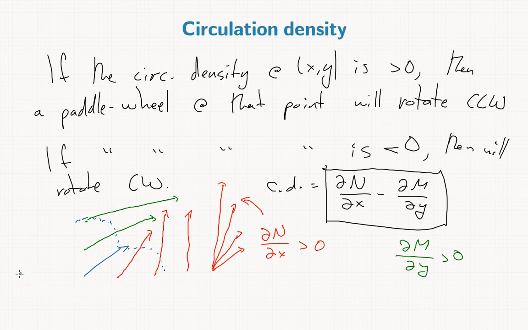If we again place all of these with the same tail, this will give us a clockwise motion. So this one's contributing to counterclockwise motion, this one's contributing to clockwise motion, and the circulation density will tell us which one of these wins out.